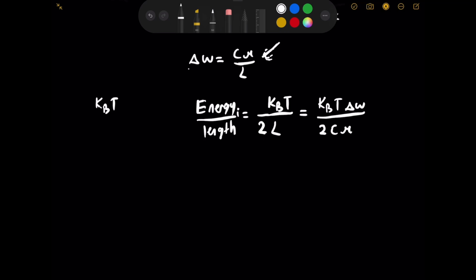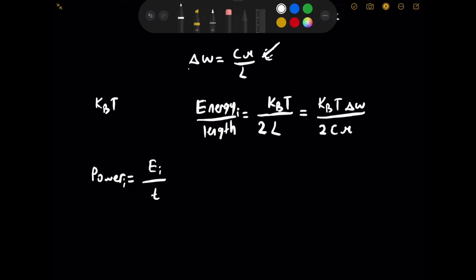If I want to go to power now, well, what is power? Power, and this is again incident power, would be the incident energy per unit time, right? Well, we already have incident energy per unit length.